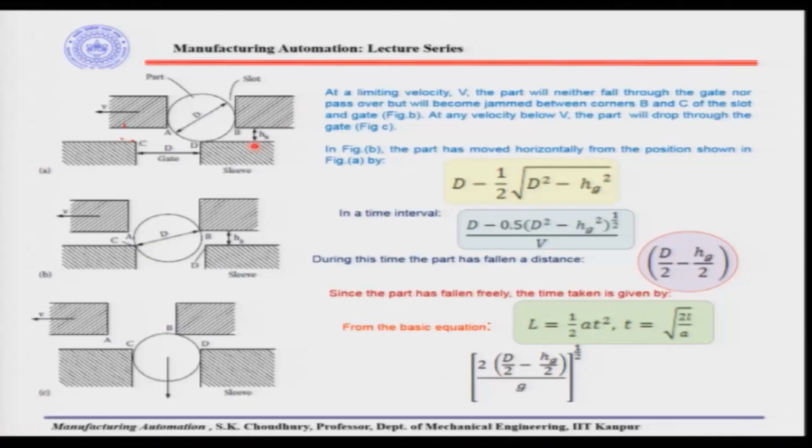Since these two times are the same, if you can find the horizontal distance and the vertical distance it is falling, they can be equated, and from that we found the velocity. Let me explain it once again, because this may not be very clear. Moving from position A to B, the horizontal distance the part has covered will be equal to d by 2.